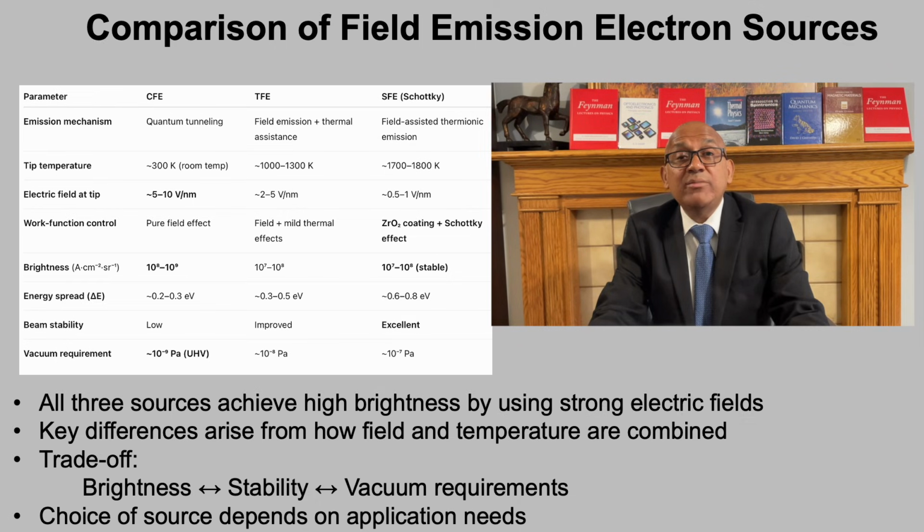In Schottky field emission, a heated tungsten tip coated with zirconium dioxide emits electrons by field-assisted thermionic emission. Although the intrinsic brightness is lower than that of CFE, Schottky sources provide excellent beam stability, longer lifetime, and more relaxed vacuum requirements, which makes them widely used in analytical SEM.